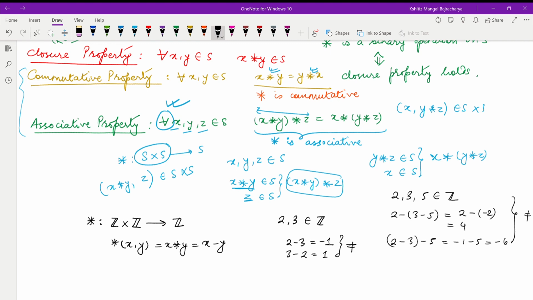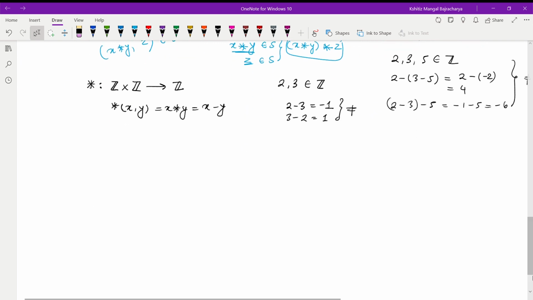Alright, there are binary operations which are associative but which are not commutative. We're going to discuss such examples when we actually begin group theory.